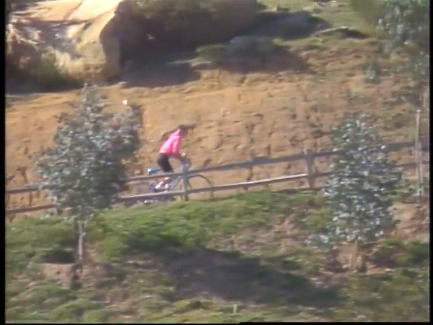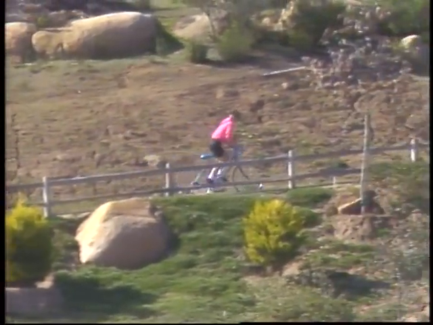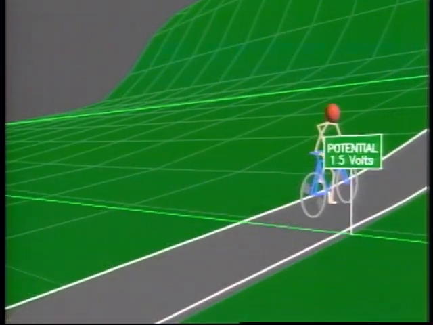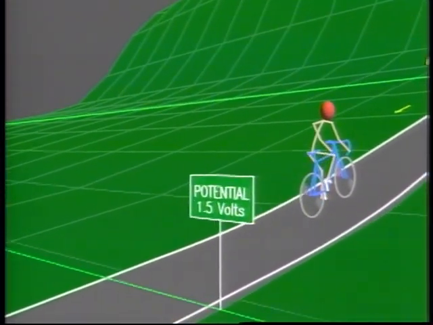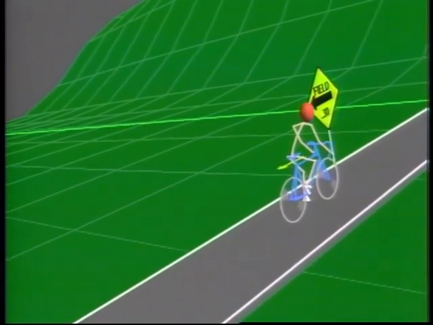When real ground goes up and down, the prudent traveler wants to know about it, because going uphill can be hard work. And exactly the same is true for electric potential. Moving up the incline of potential is hard work.